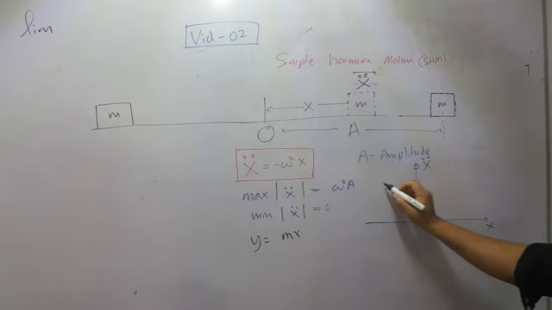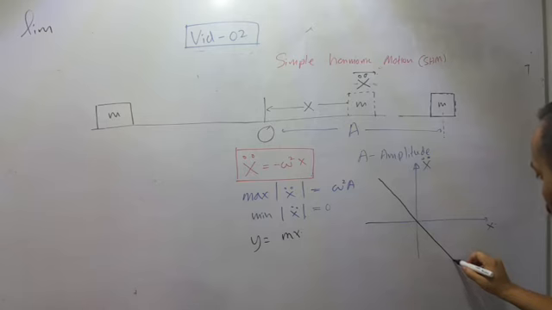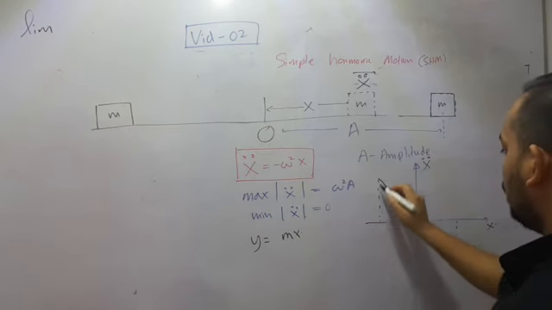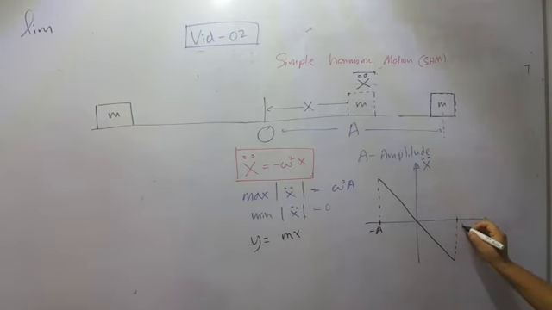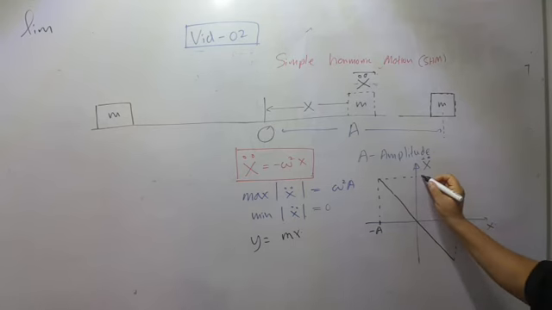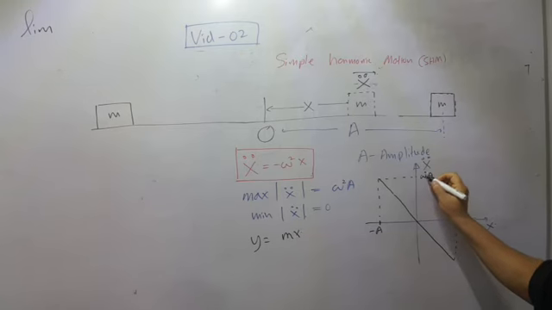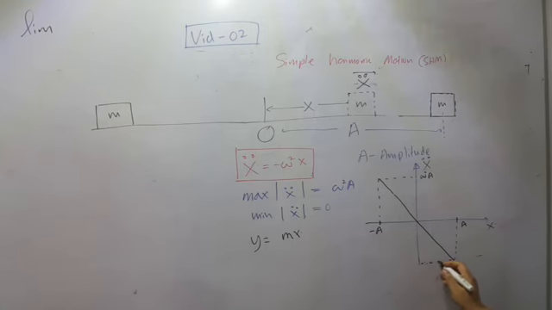So you will have a straight line like this going through the origin. It will not extend to infinity, so it will stop somewhere. This part is the amplitude of the motion, a. What is the maximum y value here? The acceleration is omega squared a, or minus omega squared a in this case. This is the graph of the acceleration with respect to the displacement.